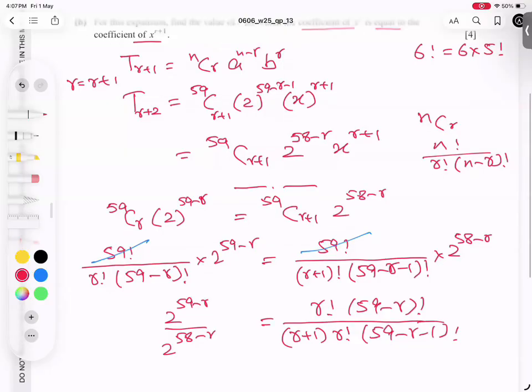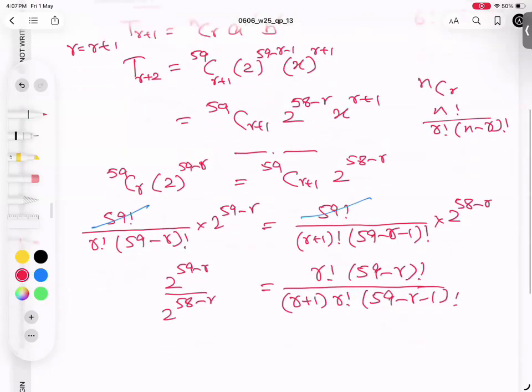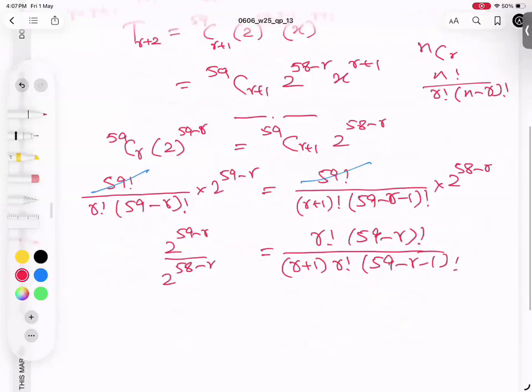Okay, upper power minus lower power. So from 59 subtract 58, I get 1, so 2 to power 1. And minus r minus r, in this sense they cancel out, or I can write 59 minus r minus 58 plus r. R cancels out, and I'm getting here 2 to power 1. This is done. Okay, students.